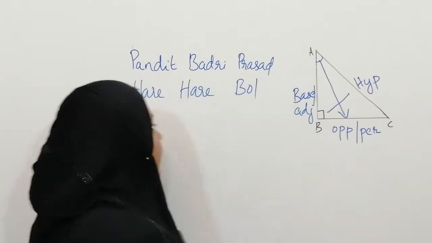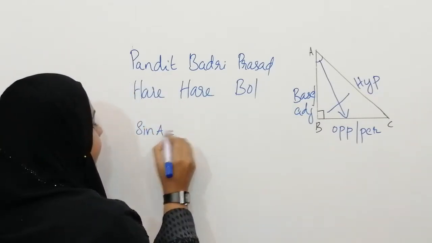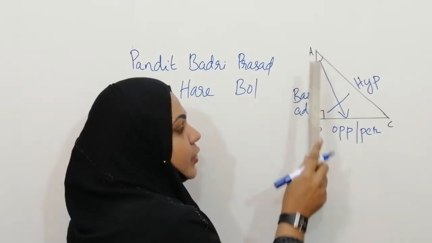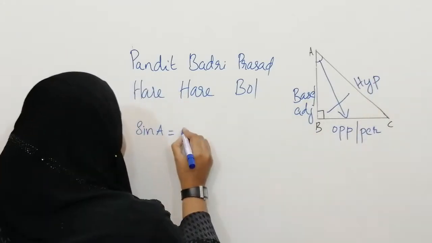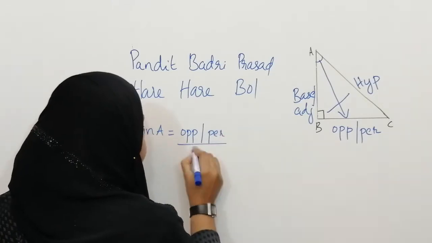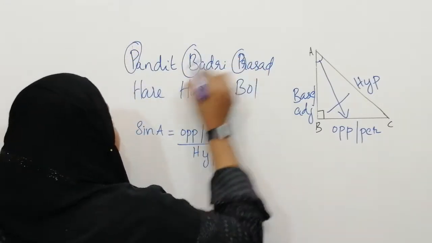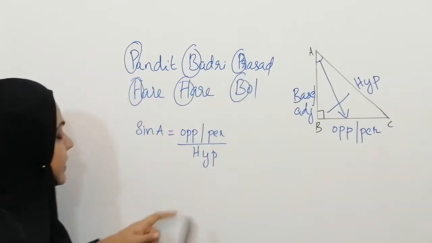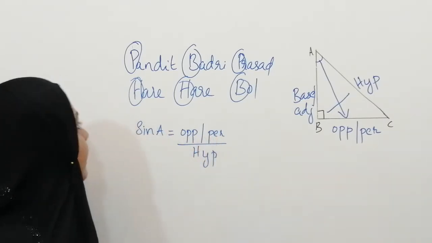So now we can start. First we can write sine A. Sine A means the ratio of opposite or perpendicular to hypotenuse. I am taking the first letter of each word. So sine A is opposite or perpendicular by hypotenuse.